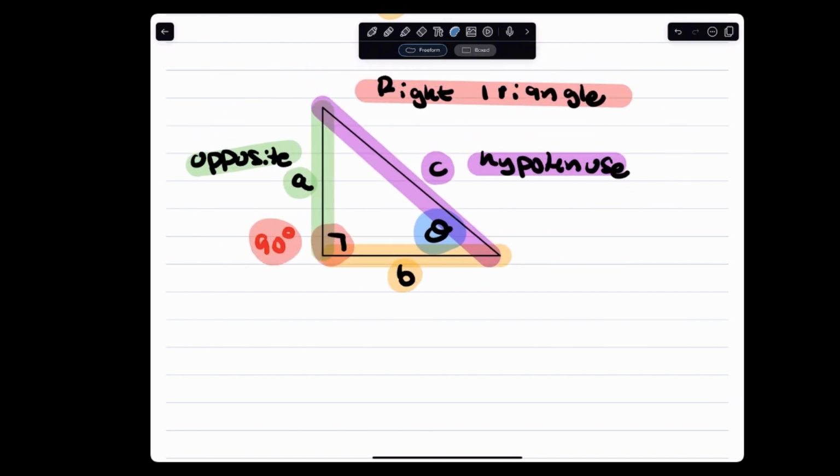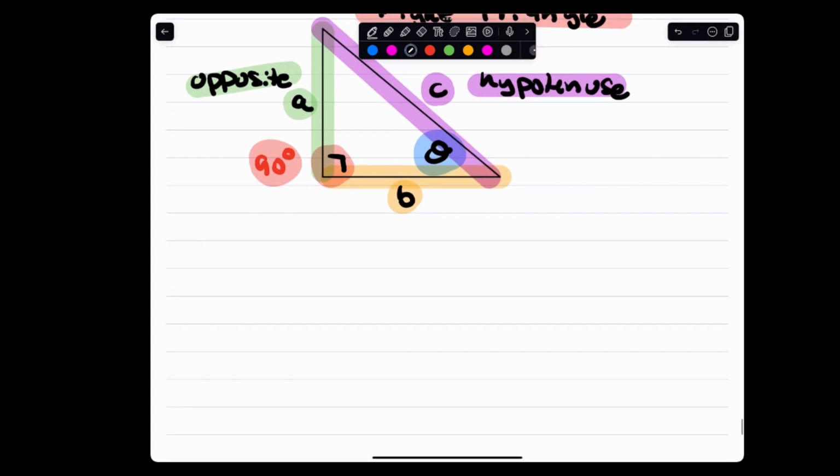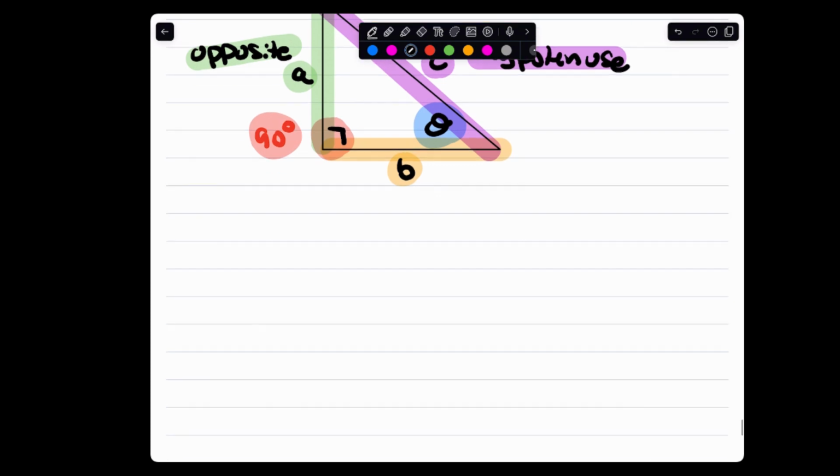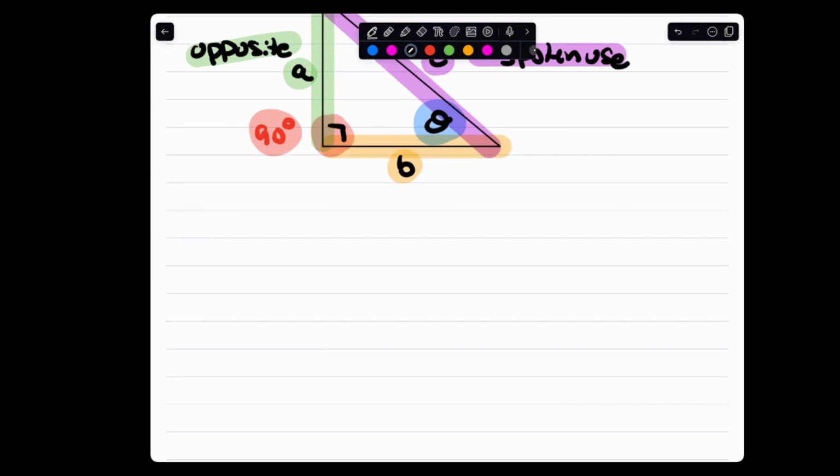And then you say, well, what are the other 3? Well, they're called reciprocals. They're known as the reciprocal ratios. So you might say, what are the reciprocal ratios?